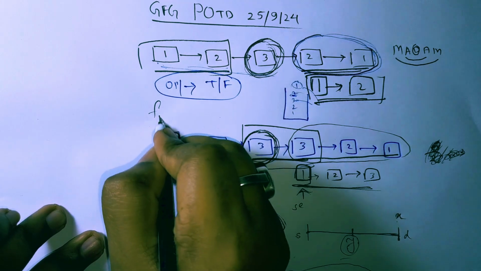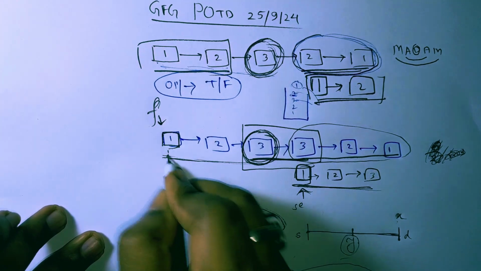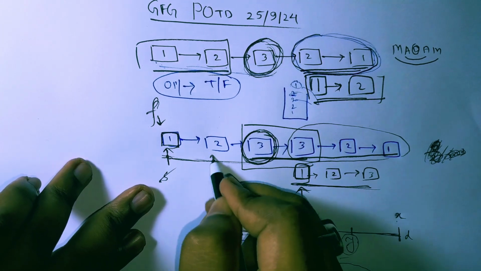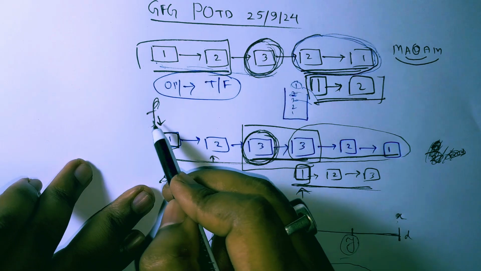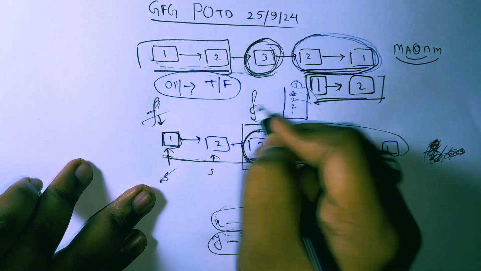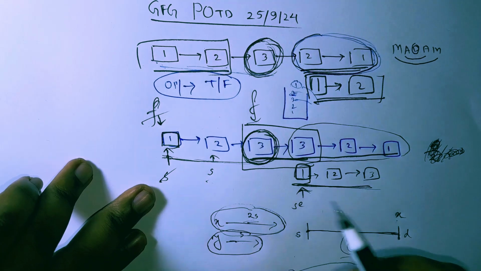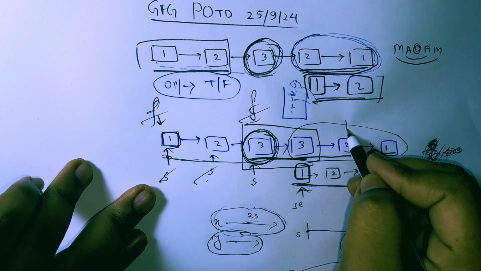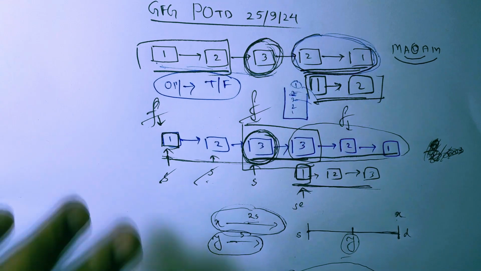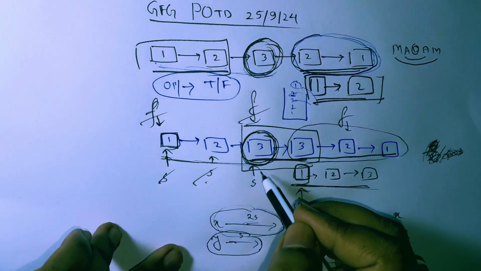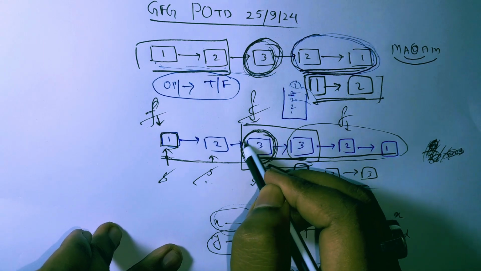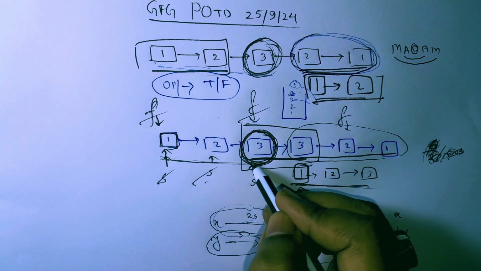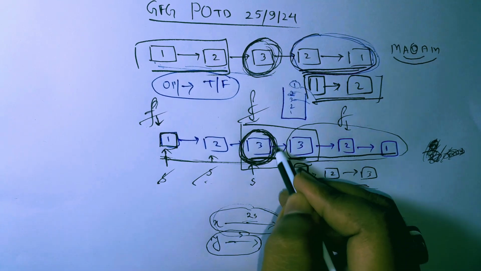Now my fast pointer is here and my slow pointer points here. My slow pointer moves one step and my fast pointer moves two steps. My fast is here now, slow is here now. Slow will point at 3, fast will point at 3. So now you can see that I have to return this slow. Why this slow? Because in this case this is the middle of my linked list.